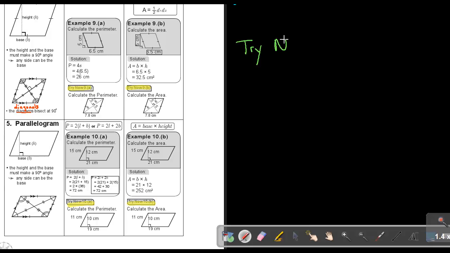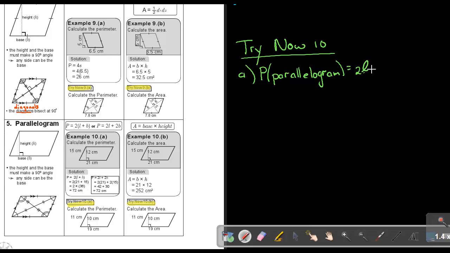So try now 10. Let's start with number A. Calculate the perimeter. Now the formula for the perimeter of a parallelogram is going to be just like a rectangle.